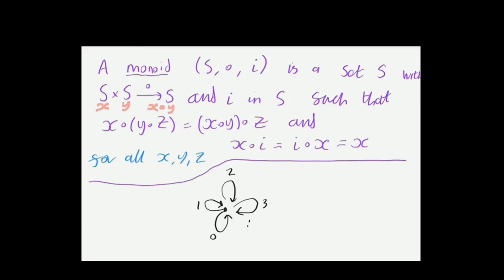Well, just take a category of one object and then look at all the arrows from that object to itself and think of that collection of arrows as your set S, and think about arrow composition as this binary operation. So we can take any pair of arrows which are going from our object to itself, and then our operation where we get a new arrow is just composition.